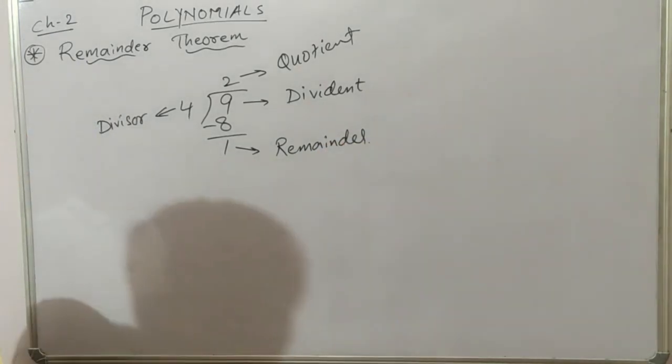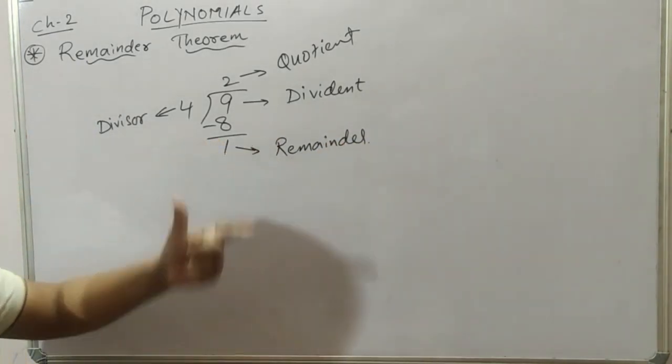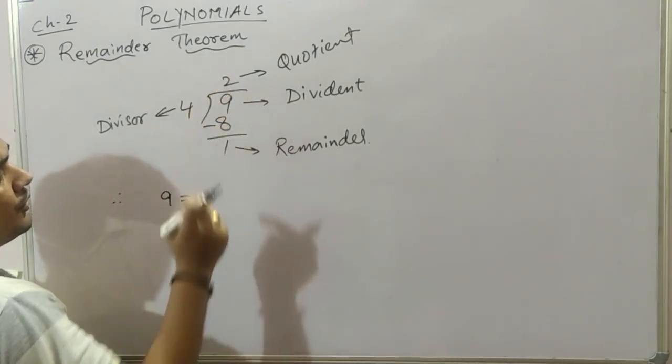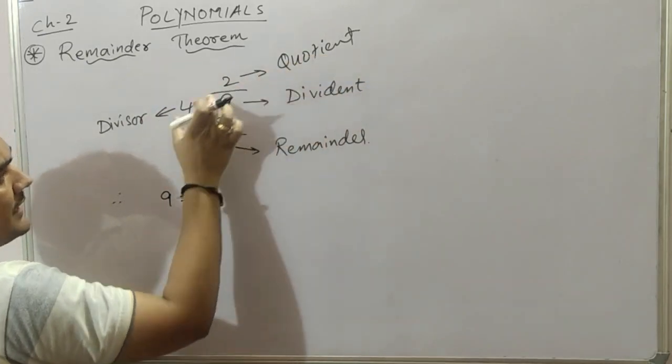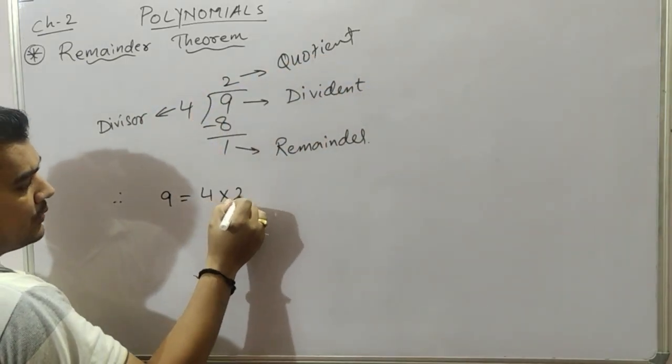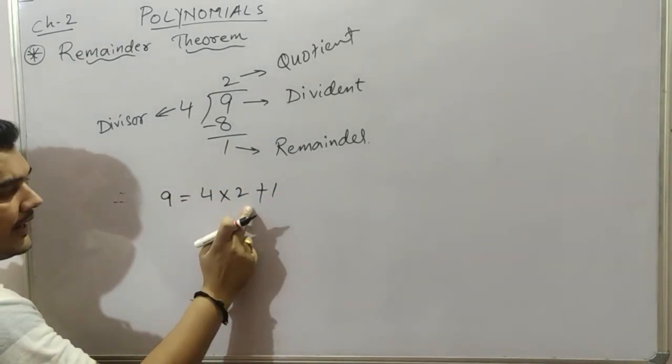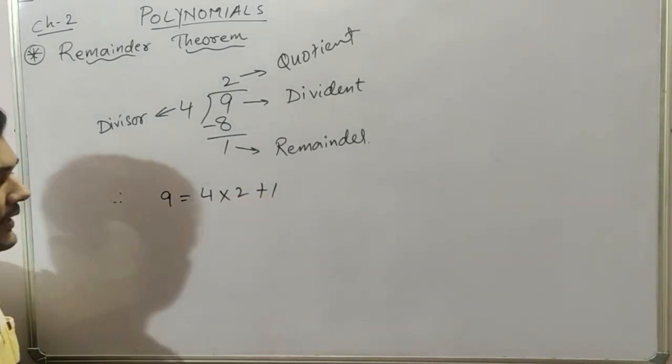Understood? Now we know that 9 is the product of the divisor and quotient, which are 4 and 2, and the addition of the remainder. 4 twos are 8 plus 1 will give 9.